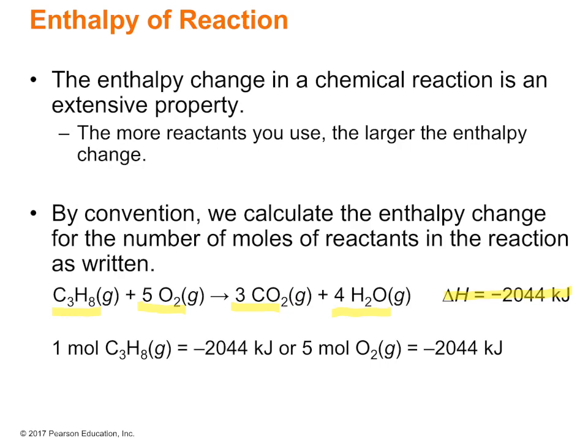What does that negative mean? It means that it's an exothermic reaction. So what this means is that 1 mole of C3H8 has negative 2,044 kilojoules, or 5 moles of oxygen has negative 2,044 kilojoules.